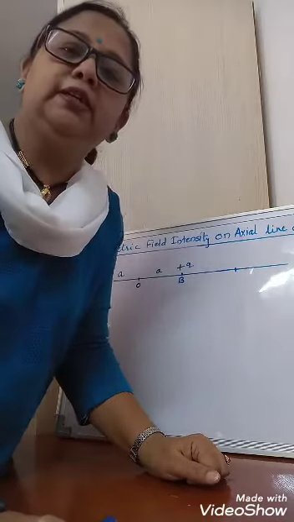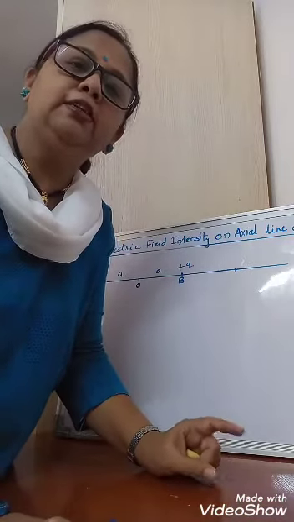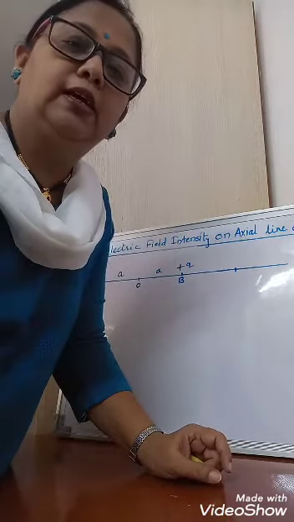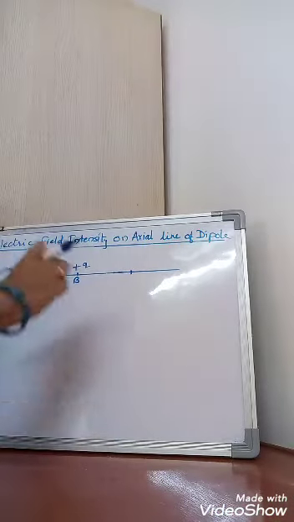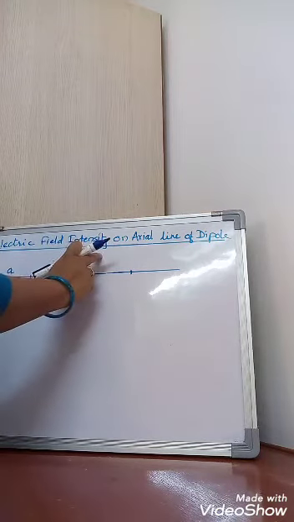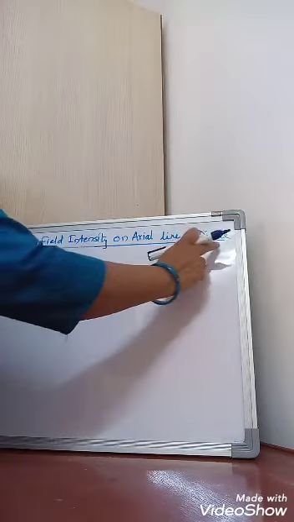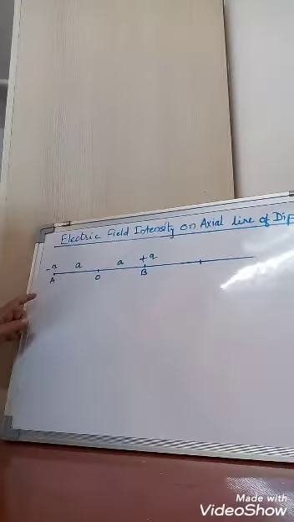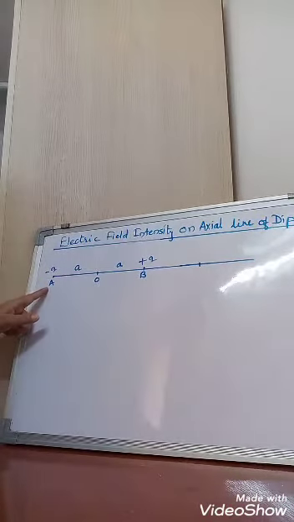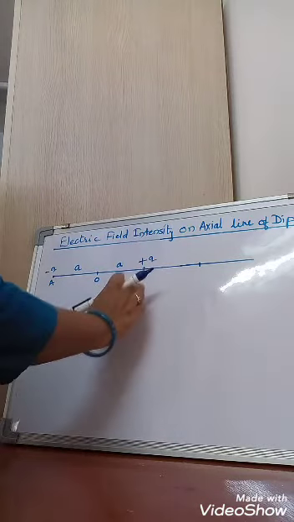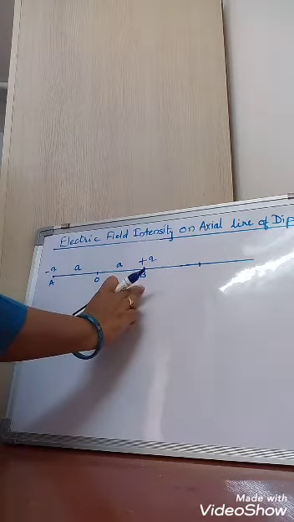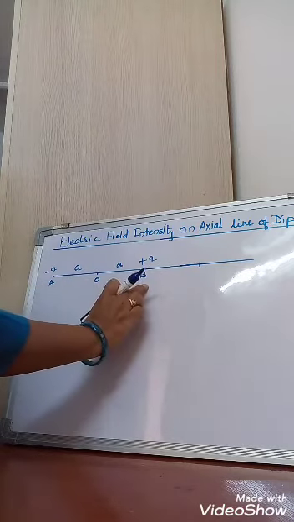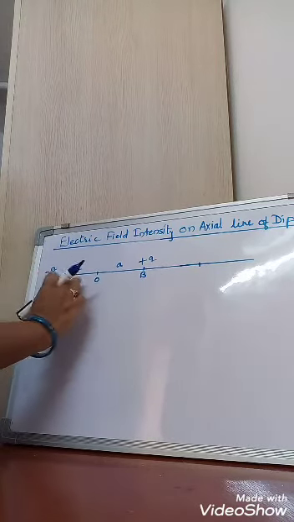Now we are going to study an expression for electric field on the axial line of an electric dipole. Let us see here electric field intensity on the axial line of a dipole. Here you can see that minus q charge is placed at point A and plus q charge is placed at point B. The distance between the charges plus q and minus q is 2a.